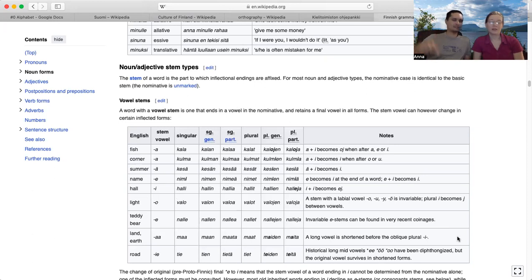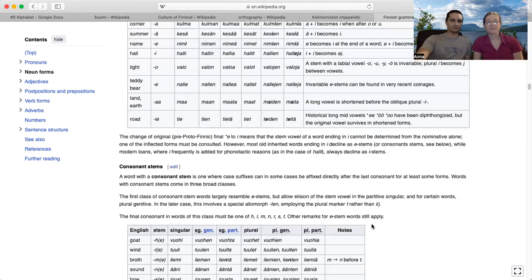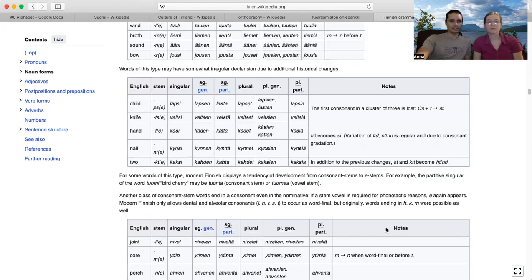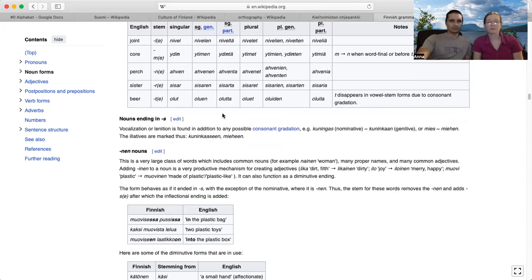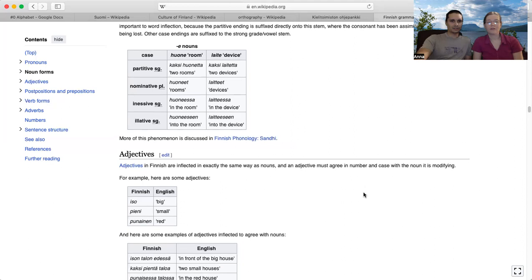So it's like in English. So punainen talo, red, adjective, house. And also the adjectives have to agree with the case of the noun. Yeah, you don't need to know this.